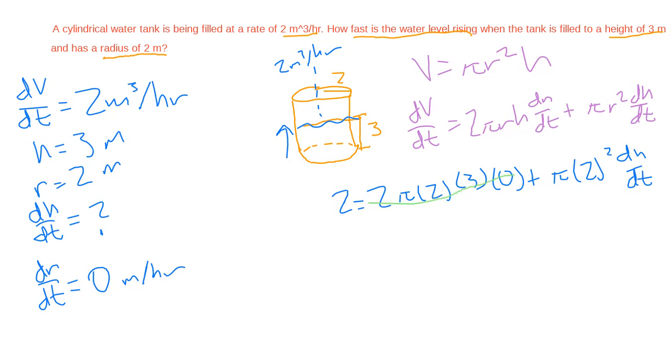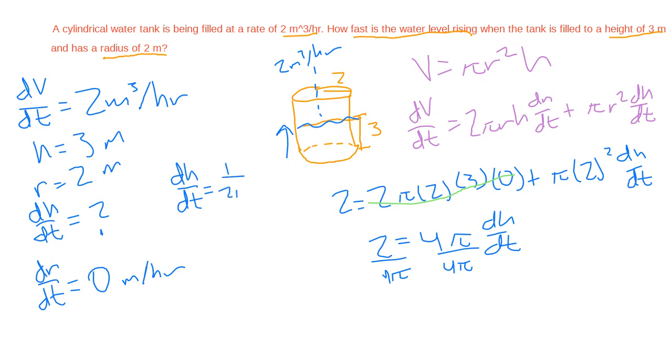So now we just have 2 equals 4 pi dh over dt. So we can go ahead and move that 4 pi. So we can just say that dh over dt is going to be 1 over 2 pi meters per hour.